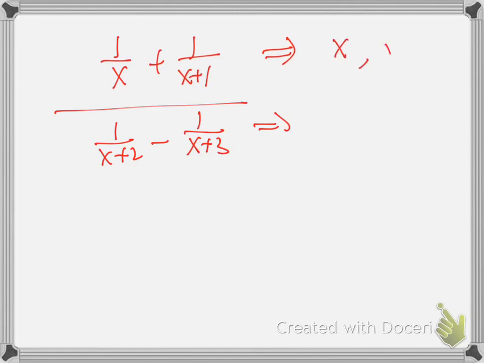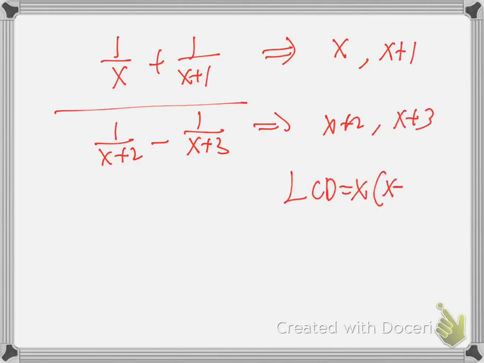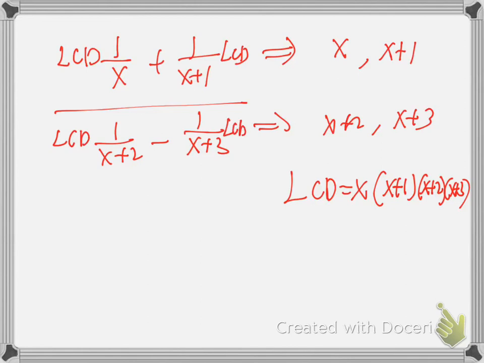Here you got denominators x and x plus 1, two linear denominators. Here you got x plus 2, x plus 3. So what's the LCD? LCD is x times x plus 1 times x plus 2 times x plus 3. Then top and bottom, every fraction has to be multiplied by the LCD to cancel denominators.